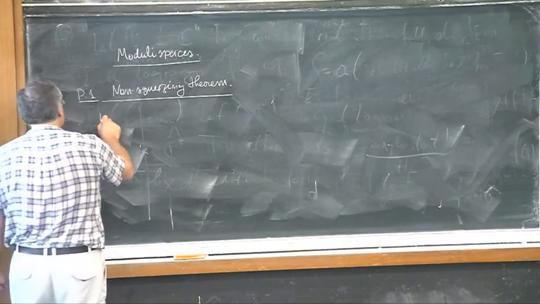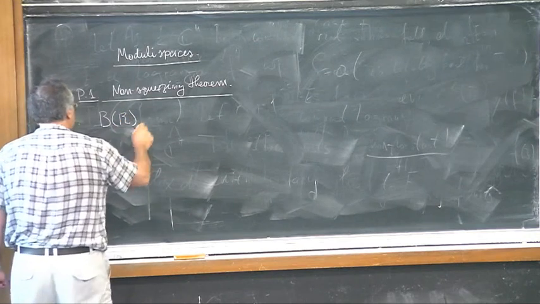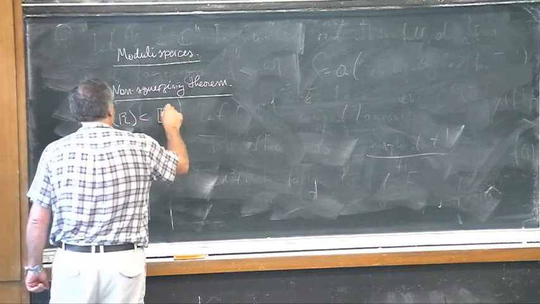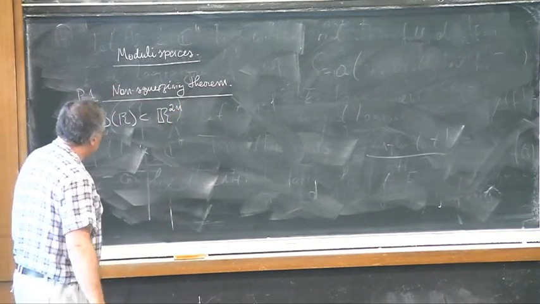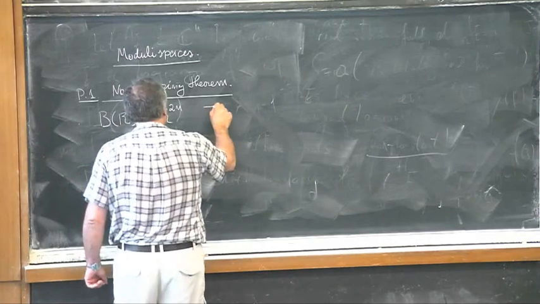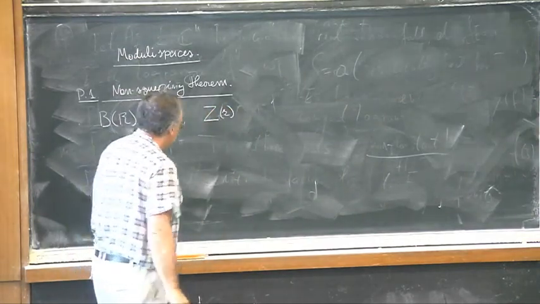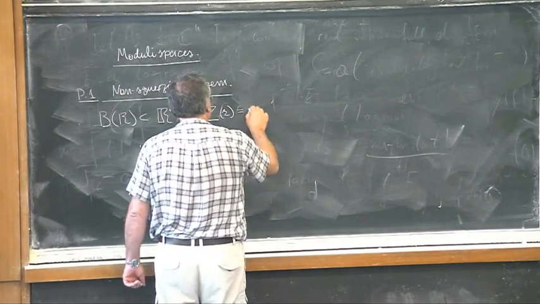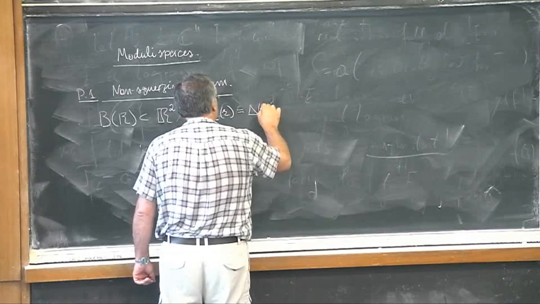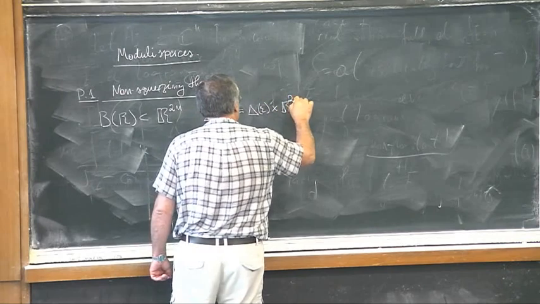One considers a ball of radius R in R^2n and a cylinder of radius small r, again in R^2n, and this is a product of the disk of radius r with R^(2n-2).